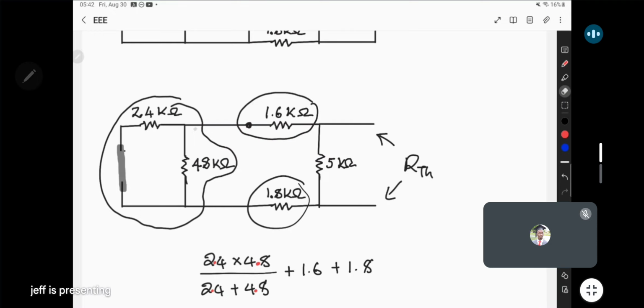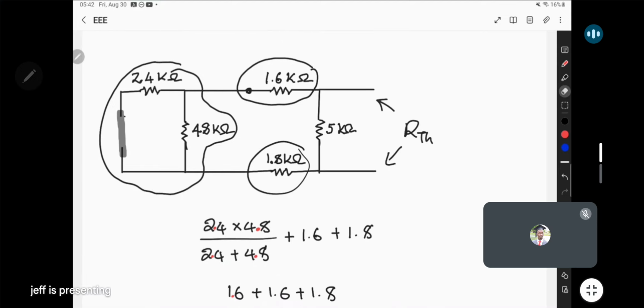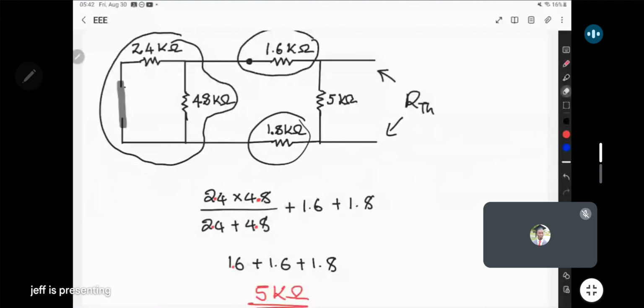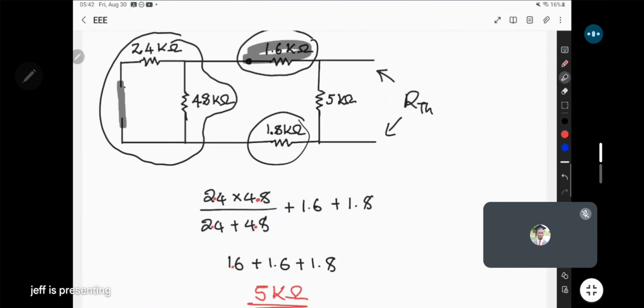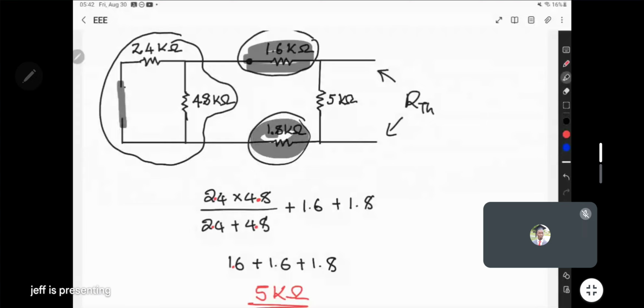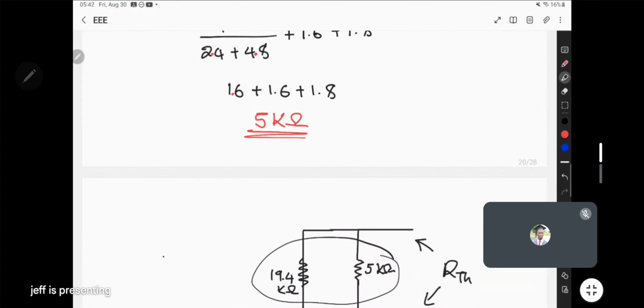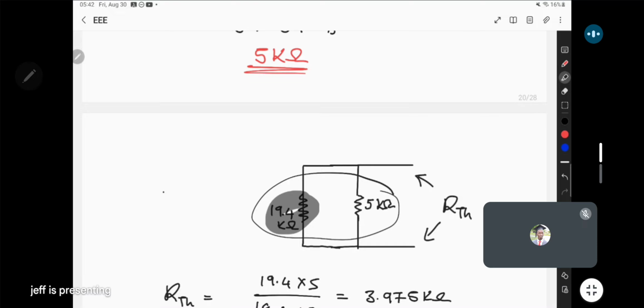First, we combined these two to get 1.6, now done correctly. Then we added 1.6 with this and this, since they're in series, to get 5 kilo. This is not 19, this is 5 kilo.